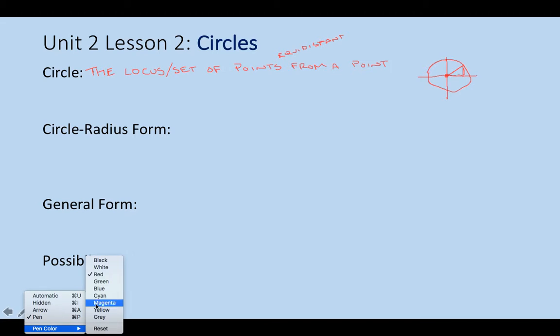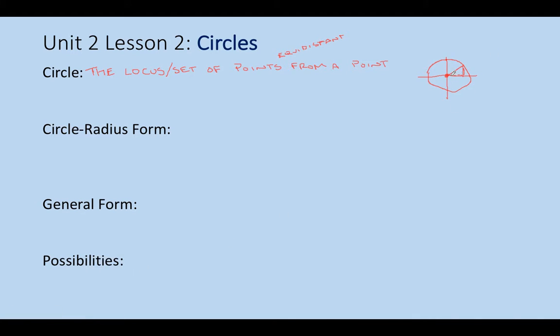What you can see pretty quickly here is that this distance right here would be the x, and this distance right here would be the y. And how could I find this distance right here, also known as the radius of my circle? Well, it would simply be x squared plus y squared equals r squared.